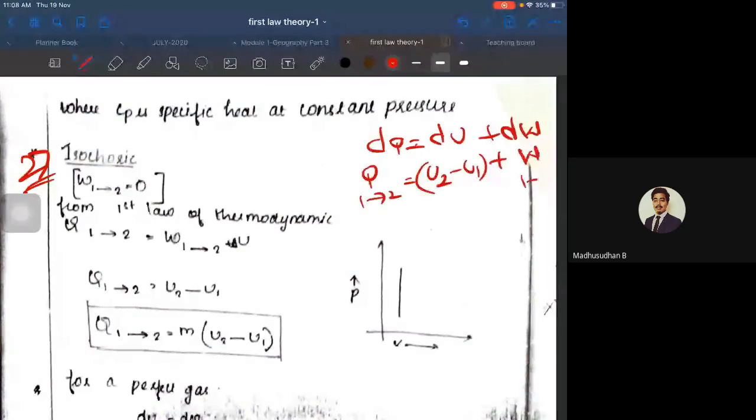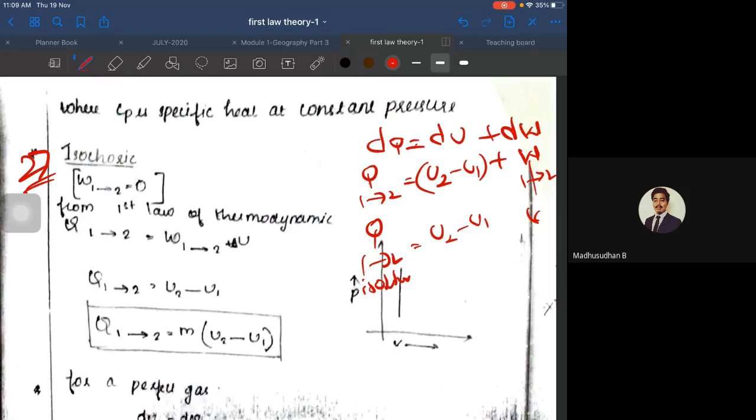Now, what is W1 to 2 for an isochoric process? Zero, right?